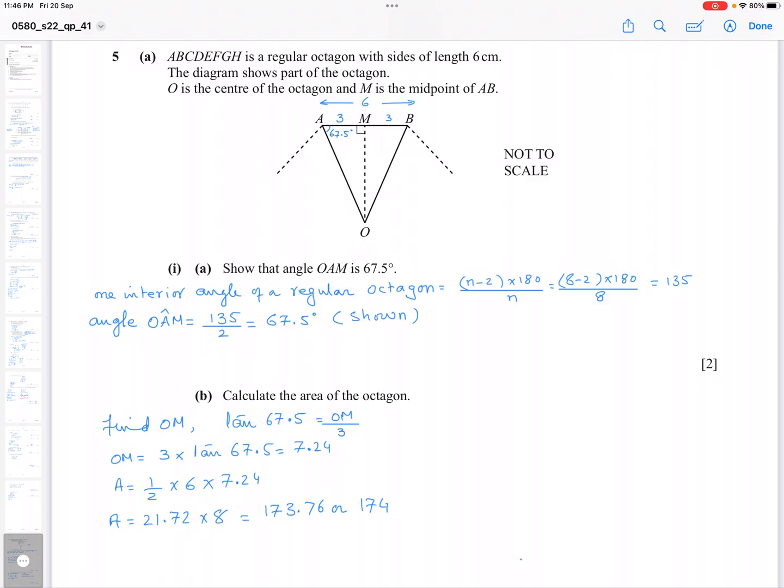So OM would be 3 into tan of 67.5. So solve it, you get 7.24. So this is your height OM.